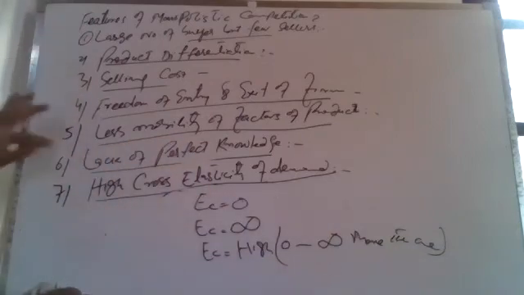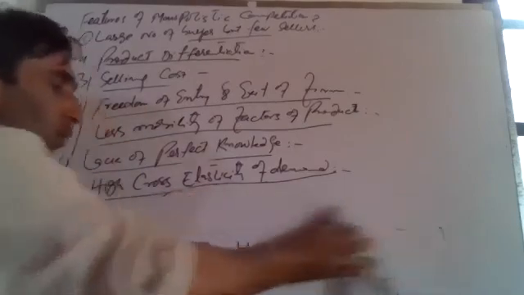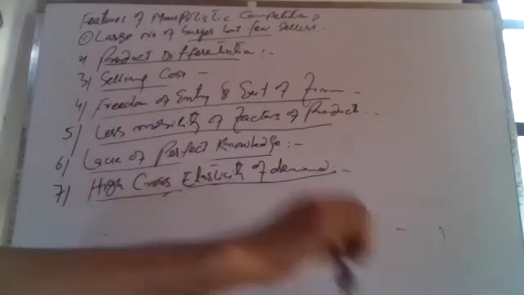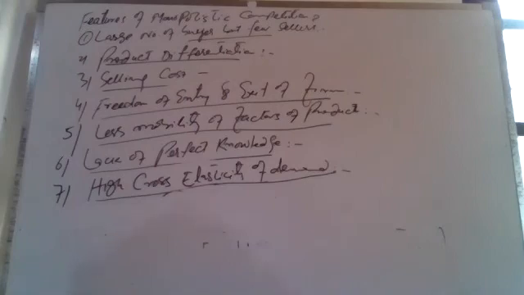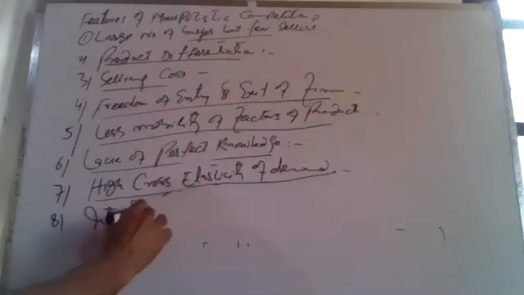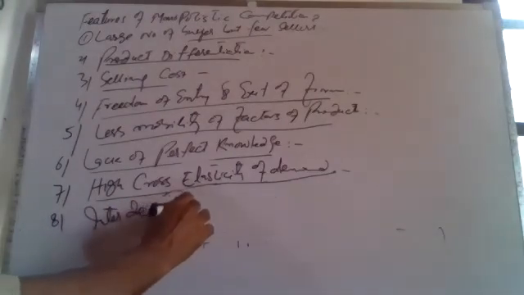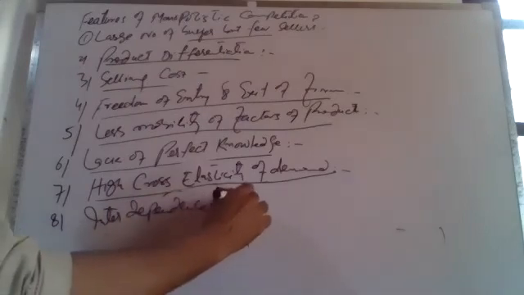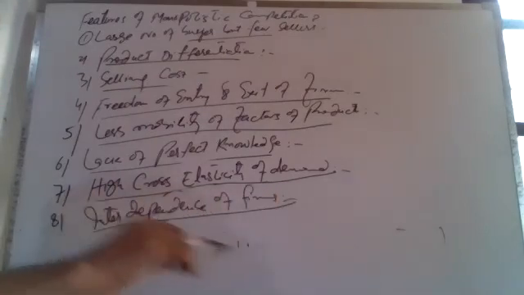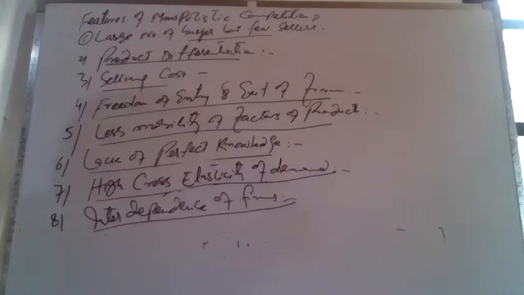1, 2, 3, 4, 5, 6, 7. And we have many more. The interdependence of firms, हमने लिख लिया. Firms are dependent upon each other regarding price, regarding product, regarding price of factors, etc. So there is indeterminate demand for a firm.